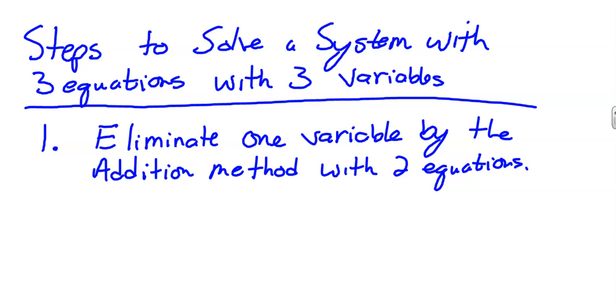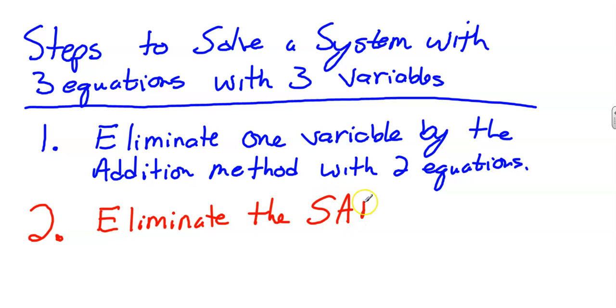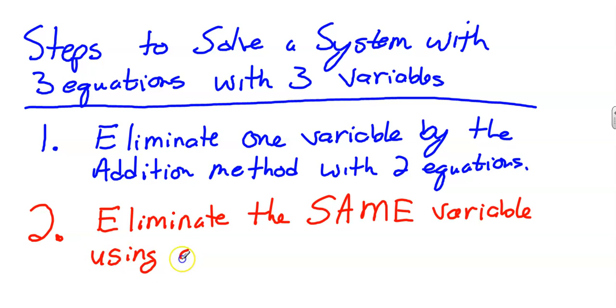All right, here's step 2. Here's the big one that sometimes people forget about. You've got to eliminate the same variable using a different 2 equations, or using a different pair of equations. I'll say it that way.